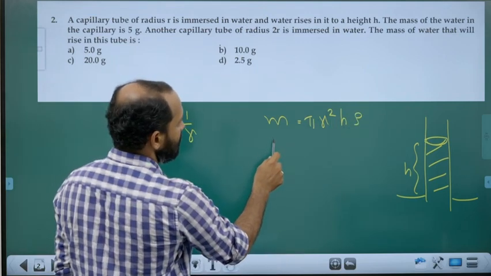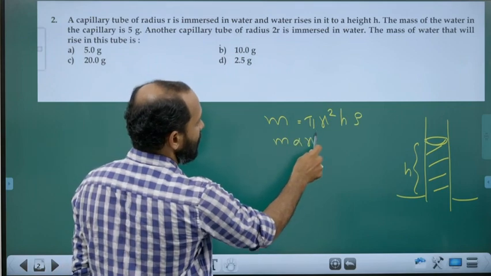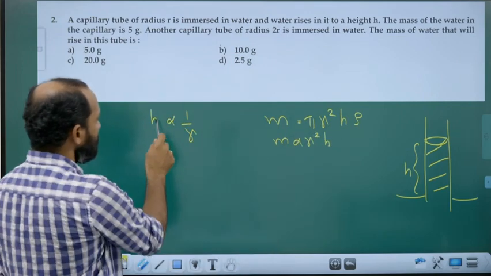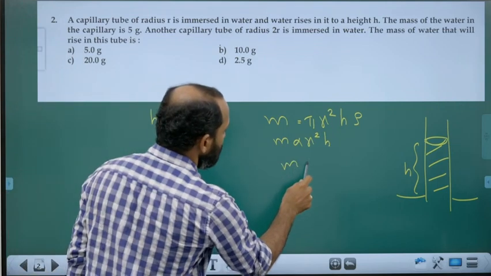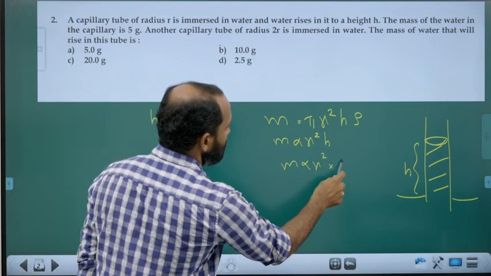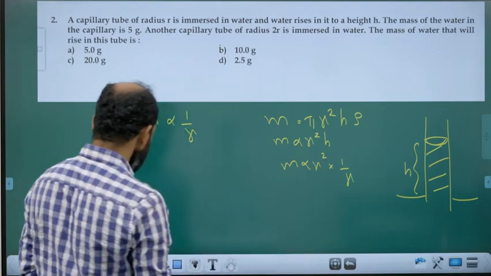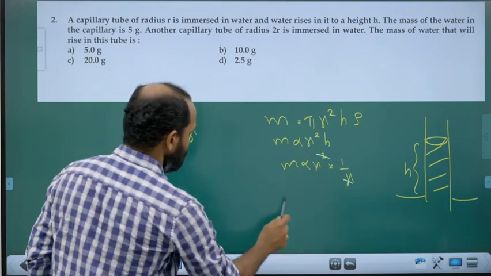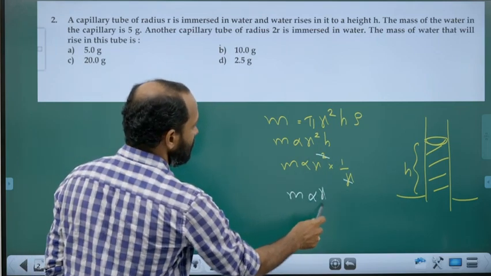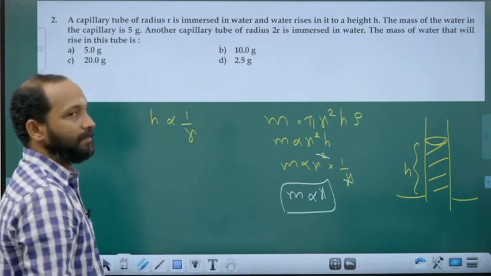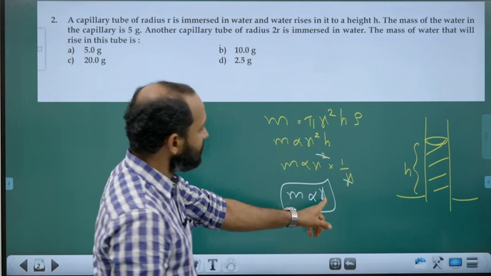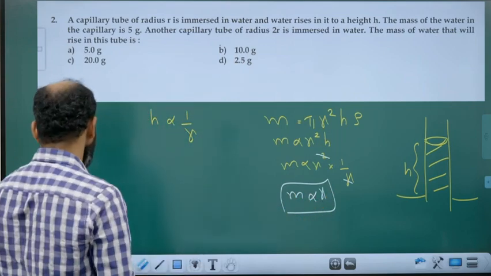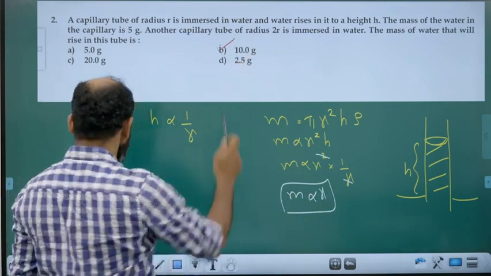It is clear mass is proportional to r square times h, but h is already proportional to 1 by r. That is why m is proportional to r square multiplied by 1 by r. You can cancel r, so m varies directly with r. The relationship is linear. Radius doubled, then mass is also doubled. So the correct answer should be 10.